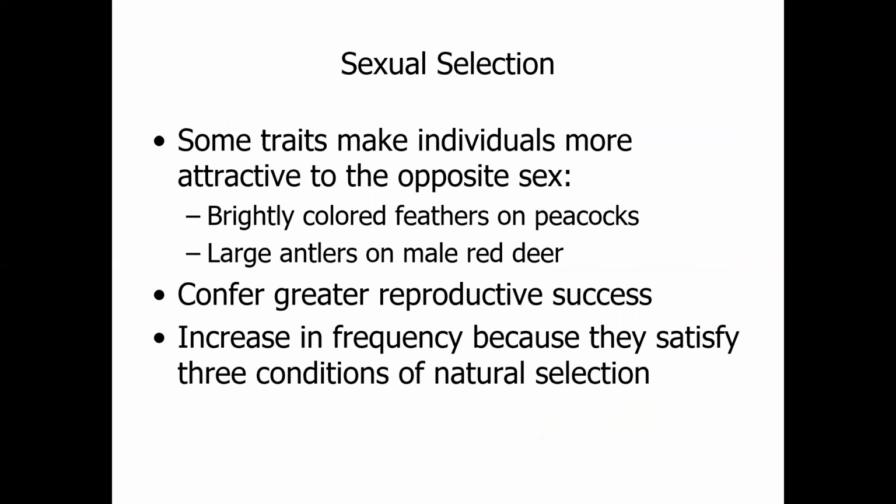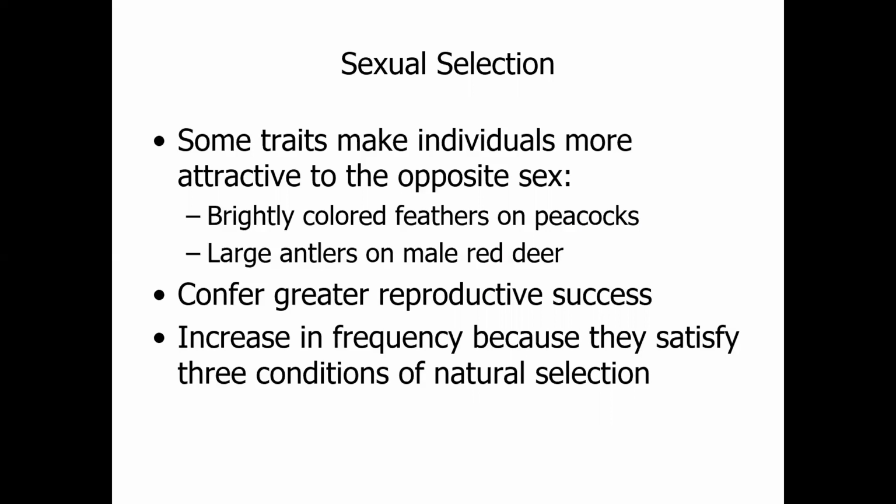And the last slide for natural selection related to this is a special type of selection called sexual selection. So sexual selection is sort of an offshoot of natural selection. And this is the idea that certain traits for individuals are more attractive to the opposite sex. For example, peacocks have brightly colored feathers that can be used for display from males to females.